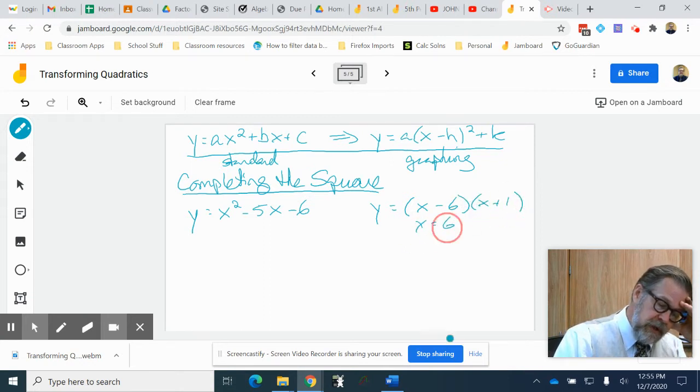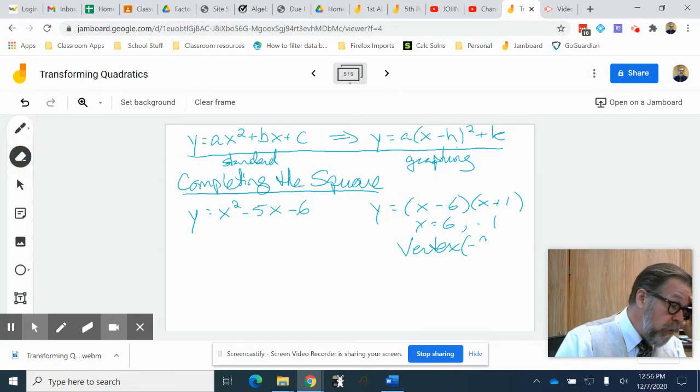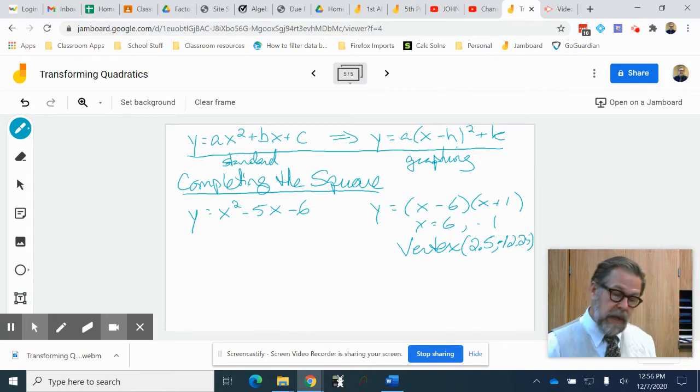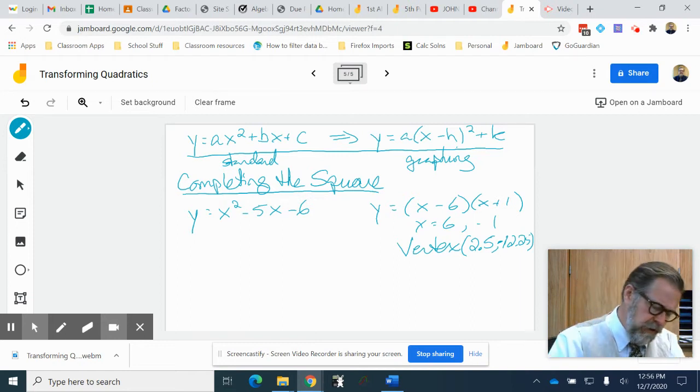This gives me x-intercepts of 6 and negative 1, which means that the vertex is at 2.5. And if I plug 2.5 back into the equation, I get negative 12.25. So the vertex is at 2.5 comma negative 12.25. And that's going to be useful to confirm that what we did is okay.